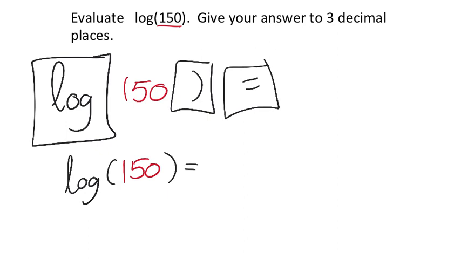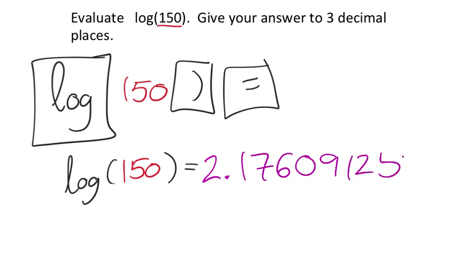Let's see what the calculator gives us here. Log, common log of 150, enter. I get this beautiful decimal, 2.176091259. Well, this one, just like the last one, says, hey, just give us 3 decimal places here. Well, a little bit different. So the 6, right?